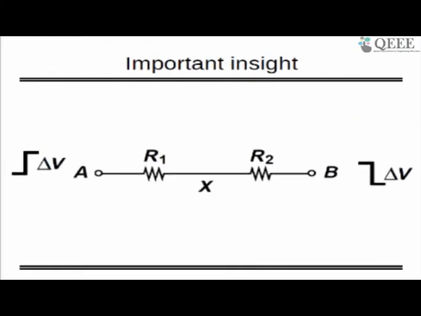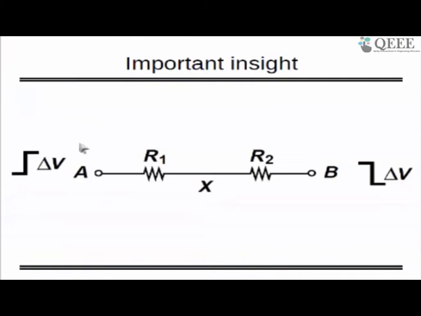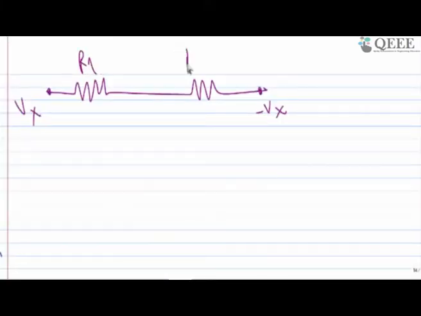Other than that, I'll tell you one simple insight of the circuit. There is one more important thing people encounter. They are finding these kinds of circuits many times. If there are two resistances, and this potential is called minus Vx. So it's delta V and this is minus delta V, right?